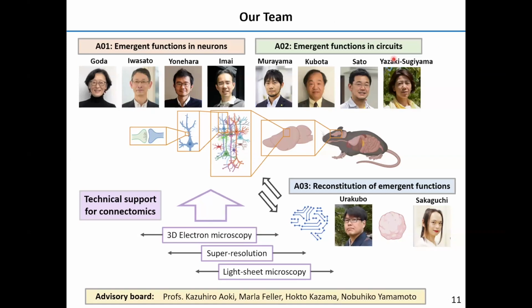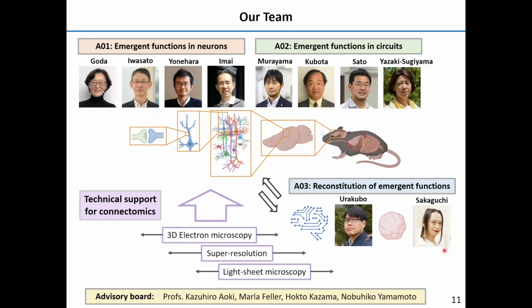And here are all the group members. In AZ1, these 4 PIs work on the emergent function in the neurons. And in the next category, Maruyama-san, Kota-sensei, Sato-san, Miyazaki-san will work on the circuit scale of emergent functions.